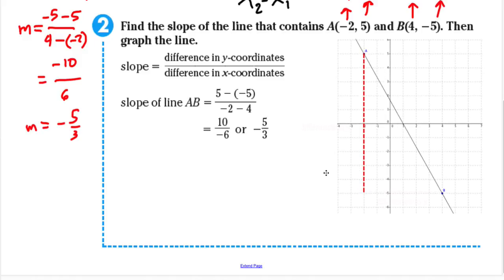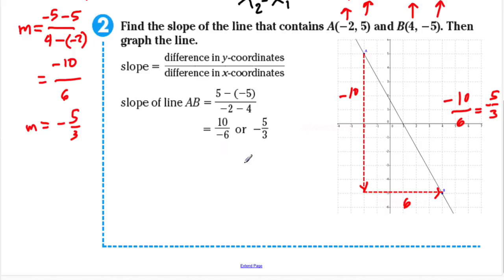That's why you have negative 10. And then you count 1, 2, 3, 4, 5, 6 going to the right, which is a positive 6. So the way I did it is that I counted down, which is negative 10, and I counted to the right, which is positive 6, which gives me negative 10 over 6, or the same as negative 5 over 3.